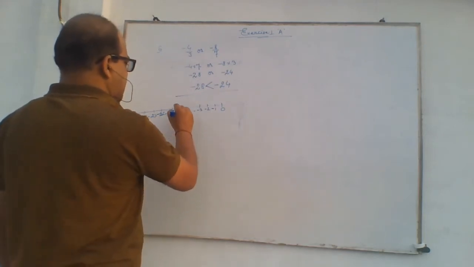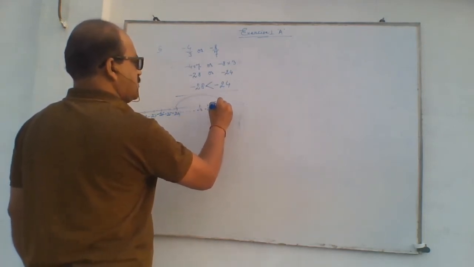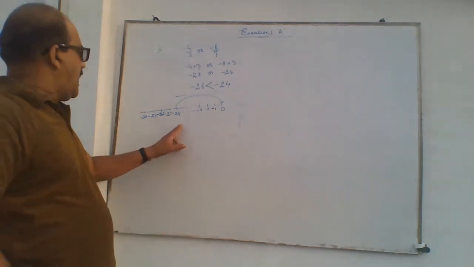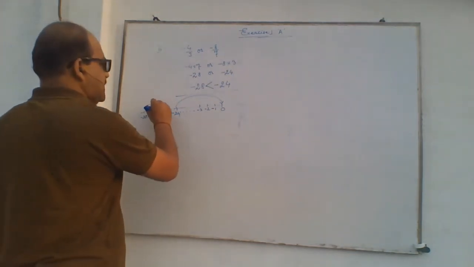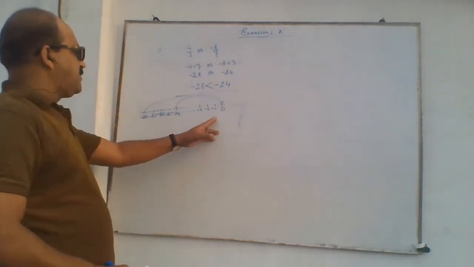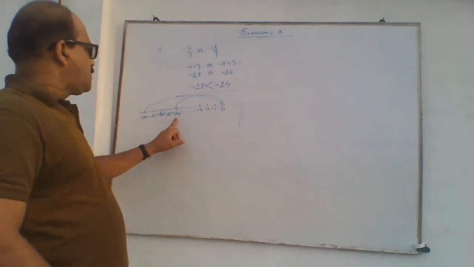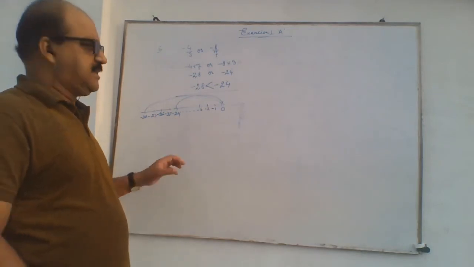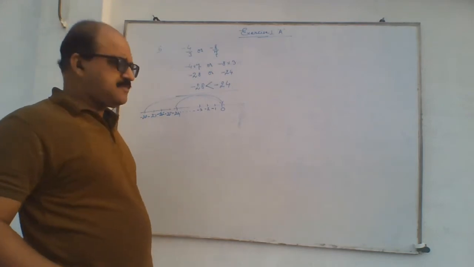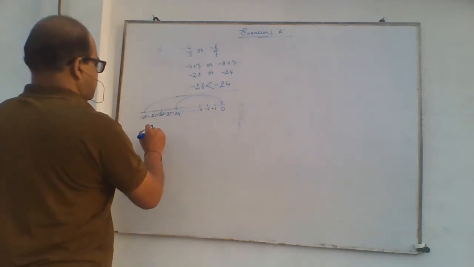Minus 24 is nearer to 0, and minus 28 is far away from 0, so minus 24 is greater than minus 28. This is the method we will use to find it.